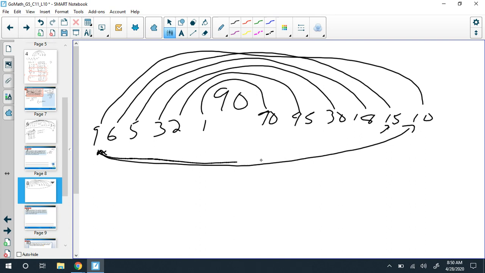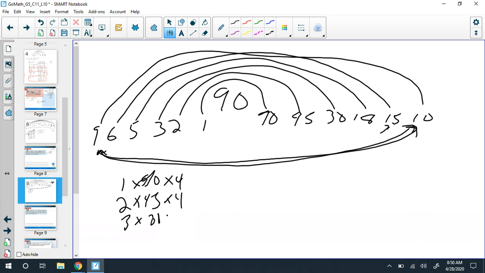But of course 90 is 9 times 10, and so we are done. So for this one, we can make 1 by 90 by 4, 2 by 45 by 4, 3 by 30 by 4, 5 by 18 by 4, 6 by 15 by 4, and 9 by 10 by 4, right?